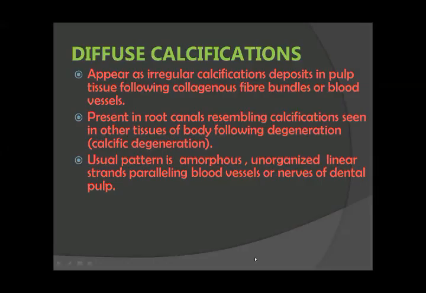Diffuse calcification appears as an irregular calcification deposited in the pulp tissue following collagen fibers, bundles or blood vessels present in root canals, resembling the calcification seen in other tissues of the body following degeneration. The usual pattern is amorphous, unorganized linear strands paralleling blood vessels or nerves of the dental pulp.